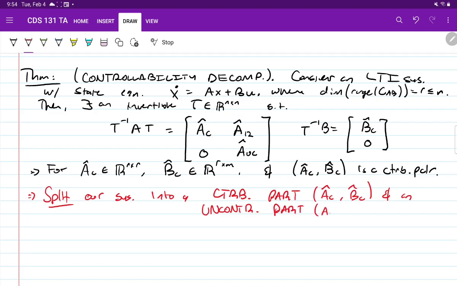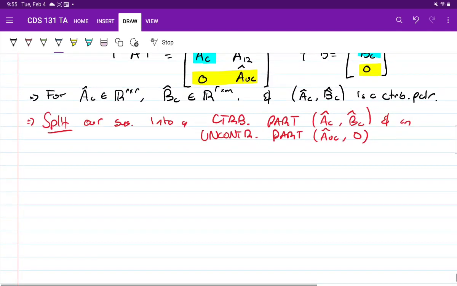And this corresponds to A uncontrollable hat, and then just 0 for my inputs, right? So we can see this entire bottom layer has no inputs appearing. So it's super clear that we won't actually be able to access anything down there. Well, this top layer has a control input appearing, right? What's more, A_C hat and B_C hat is a controllable pair, okay? So we've split our system into a controllable part and an uncontrollable part, right?